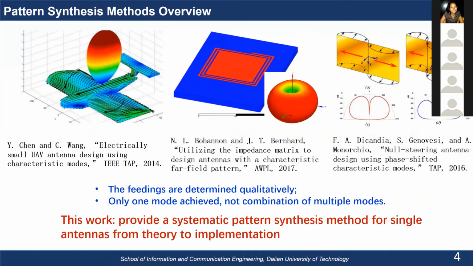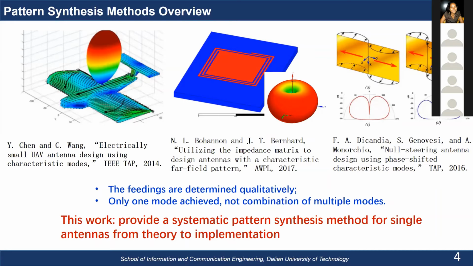For example, Professor Yikai Chen has proposed characteristic mode pattern synthesis for UAV antennas, and Professor Bernhard has also used the impedance matrix to design antennas with a certain characteristic far field. Some publications also use phase shifted characteristic modes to shift the null of the radiation patterns to different directions. Those are excellent works for pattern synthesis for single antennas.